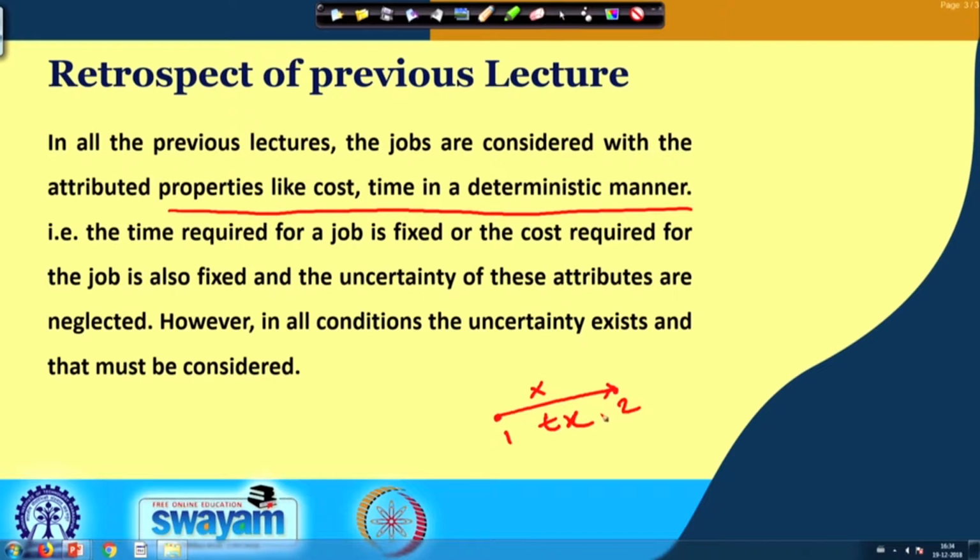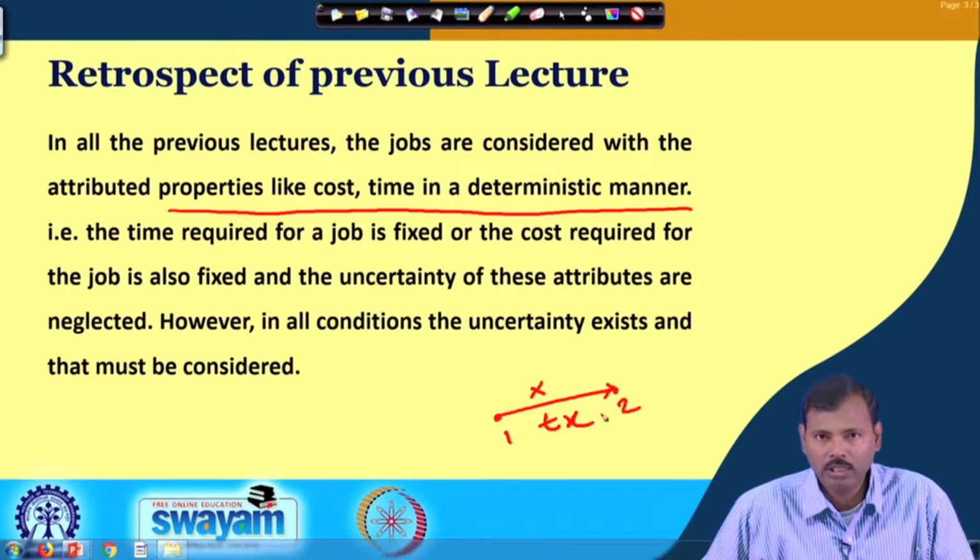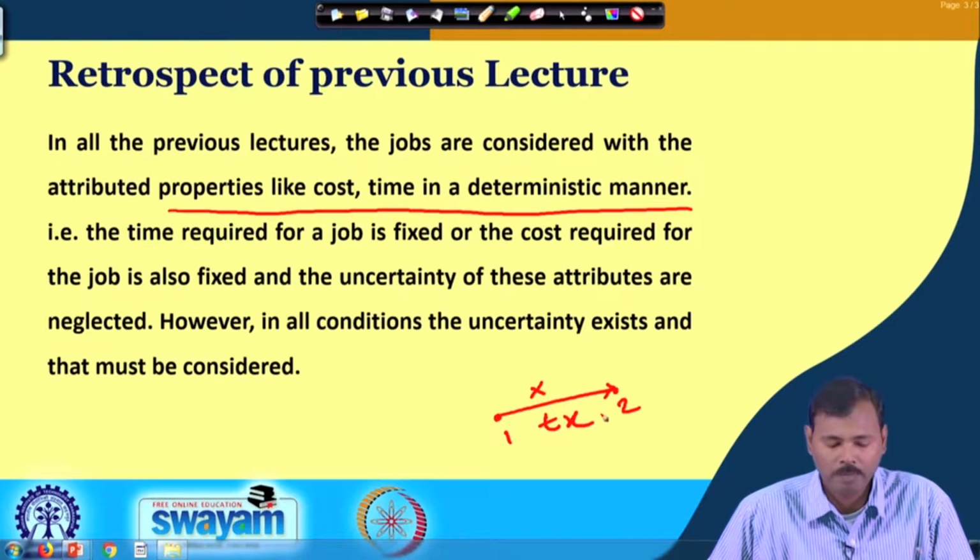This T x is considered as fixed, but the variability is not considered. That means there may be differences in the speed, there may be differences in the traffic. That is why the time requirement may be different in different conditions, but that part is not considered in the critical path method analysis we have considered till date.